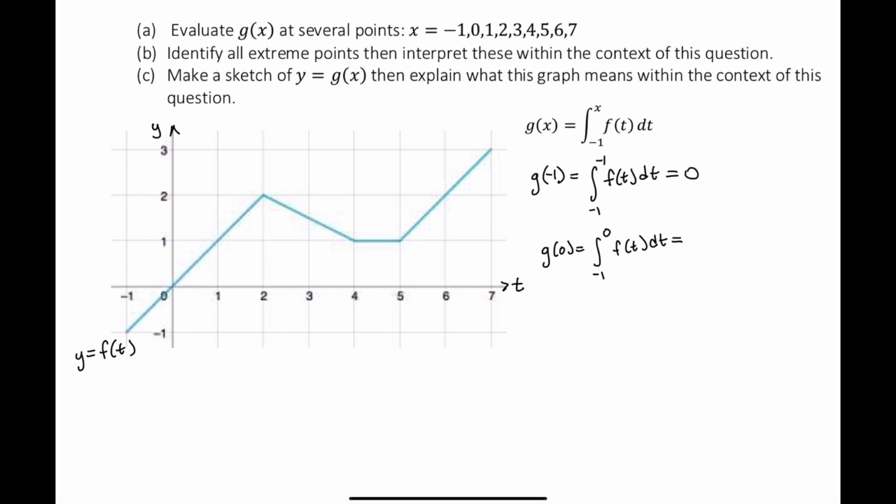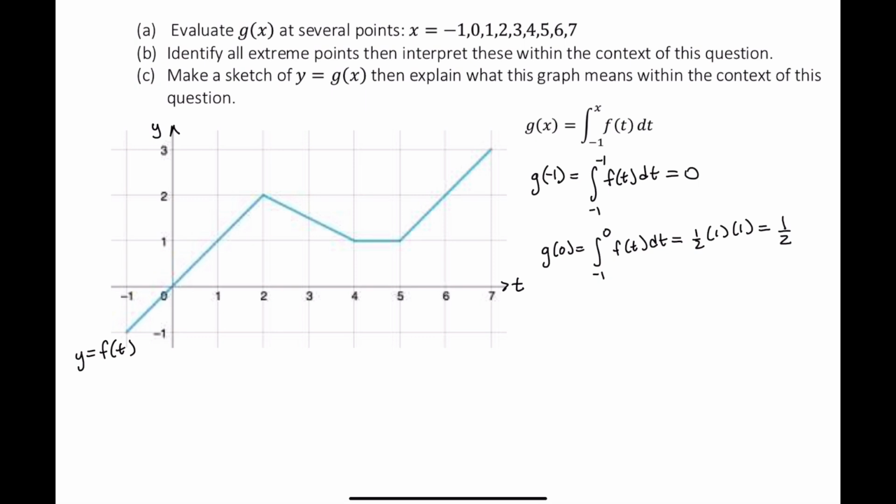So let's look at this geometrically from -1 to 0, that is t equals -1, which is here, to t equals 0 here. We have this shape, which is a triangle. Its base and height are both 1. So this is just 1/2 times 1 times 1. And that equals 1/2.